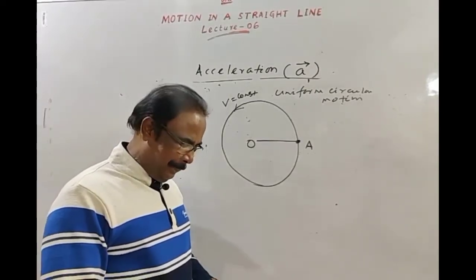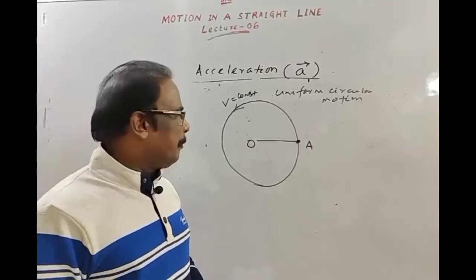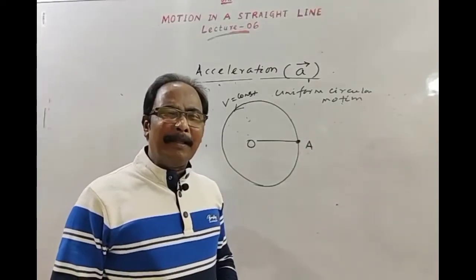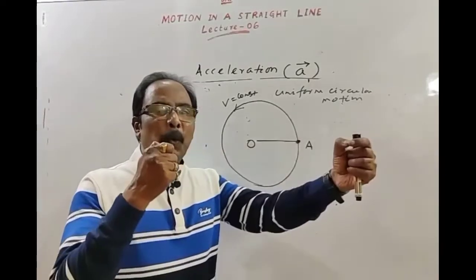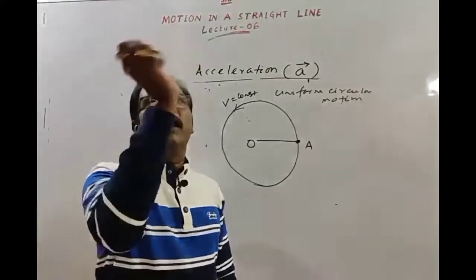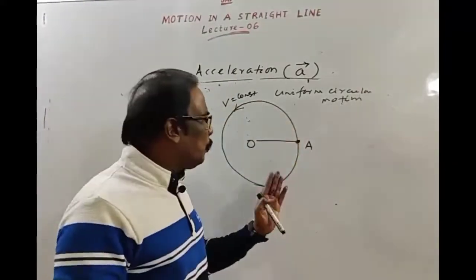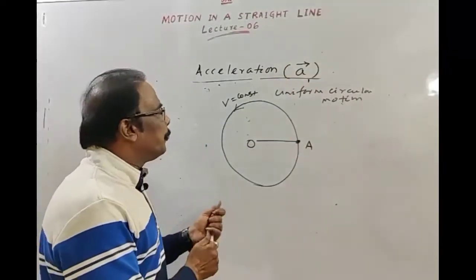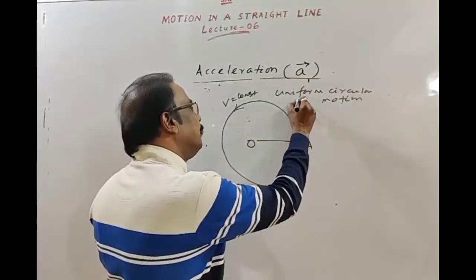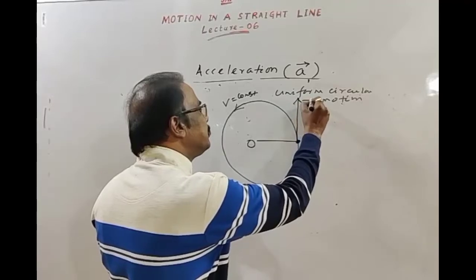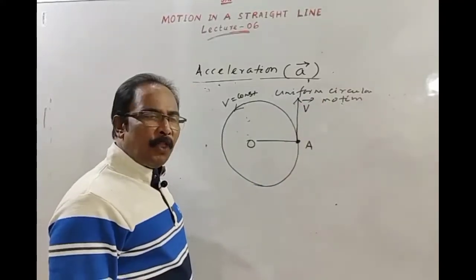How will you be convinced? Suppose, as we have discussed, a stone is tied by a string and whirled in a horizontal circle. If the string breaks, the stone will fly tangentially. So from this point, this is the direction of the tangent, meaning this is the direction of velocity.